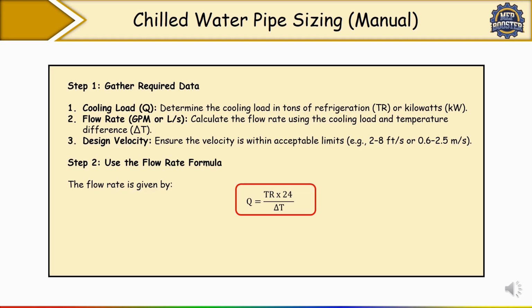Yes, 2.4 GPM per ton. Here Q is the chilled water flow rate, and delta T is the temperature difference in chilled water. If I assume delta T value is 10 degree Fahrenheit and TR is 1, you will get the Q value of 2.4 GPM per ton. Okay, simple.